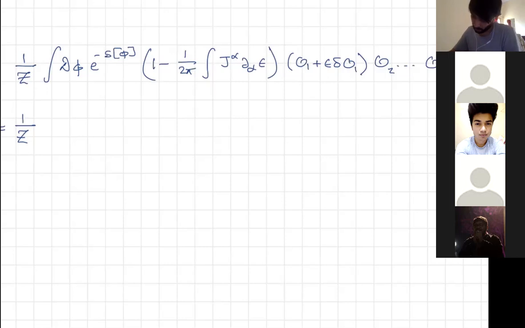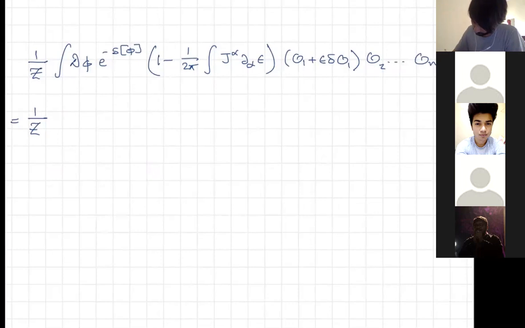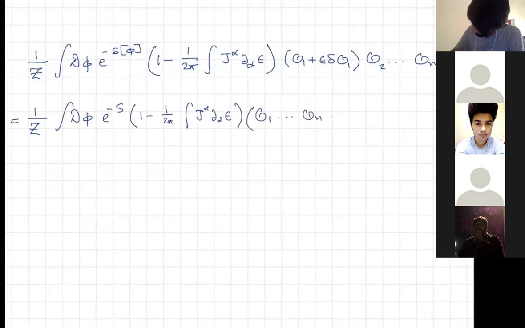All right. So now what are we doing? We are just writing this in the following way. We are trying to write this as del phi e to the minus s, 1 minus 1 over 2 pi integral j alpha del alpha epsilon, O1 to ON, plus epsilon del O1 O2 to ON.